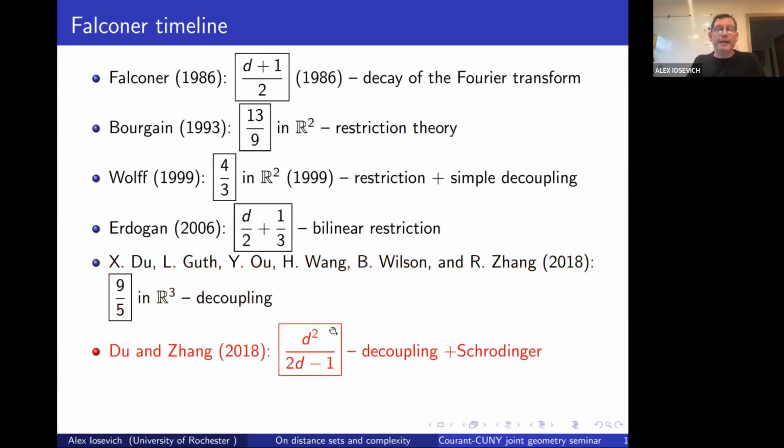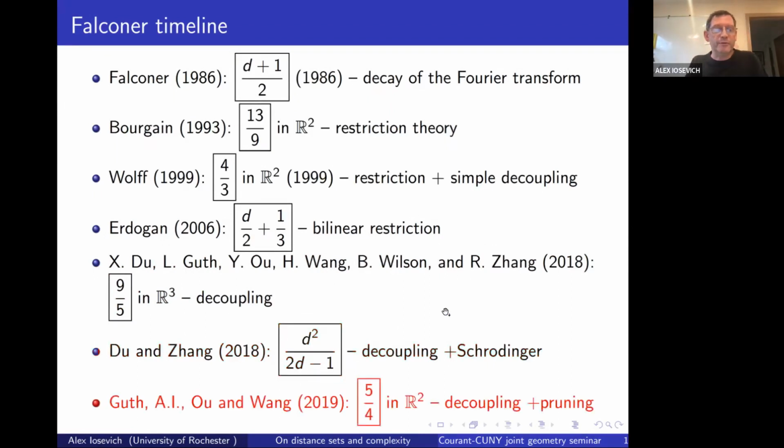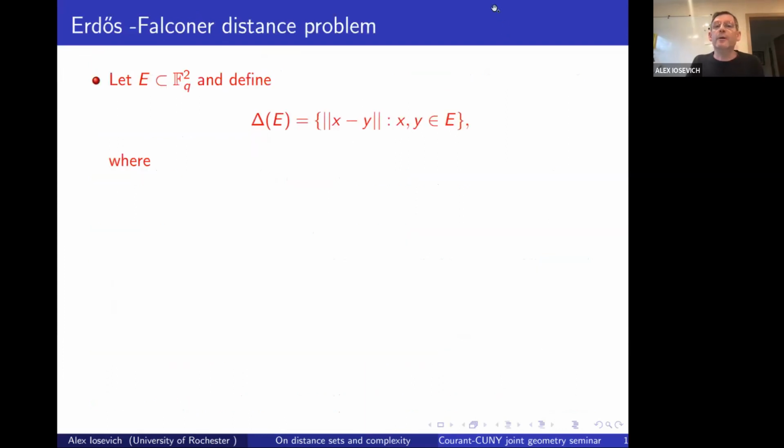Then Du and Zhang obtained d squared over 2d minus 1, which is roughly d over 2 plus a quarter, a little worse, using decoupling and Schrodinger methods. And so Guth, Ou, Wang, and myself dropped the exponent 4/3 to 5/4 in R^2 using decoupling and a pruning procedure. Okay, so this is a rough overview of this problem.